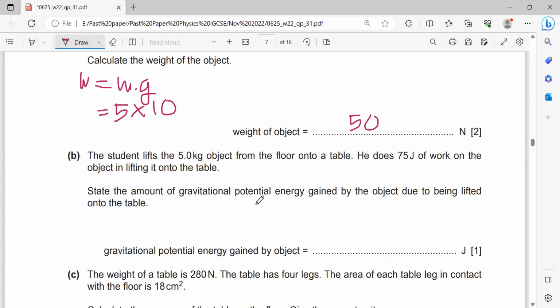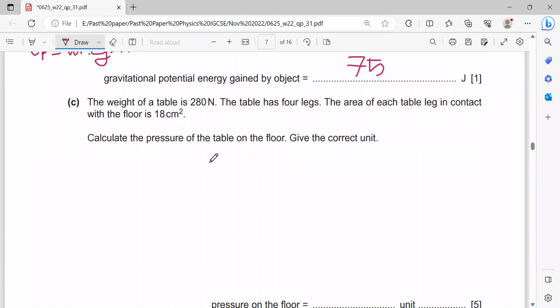Of course, this one is 75 joules. The potential energy formula is M times G times H, but we will not apply that.